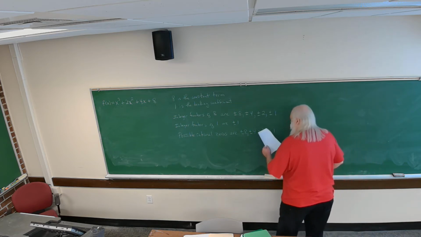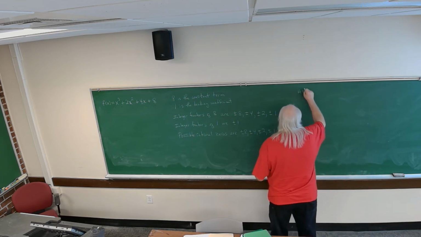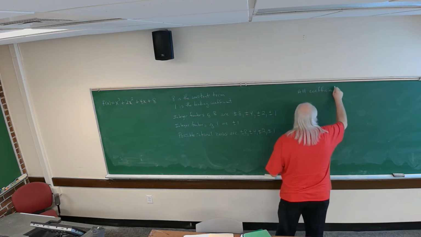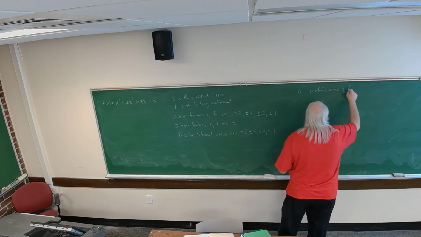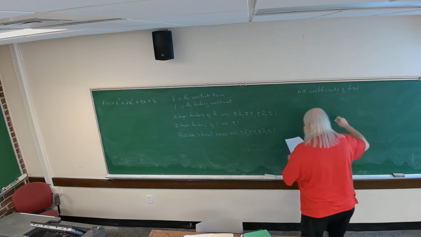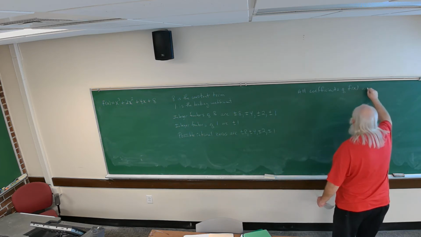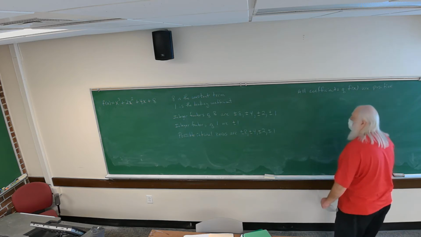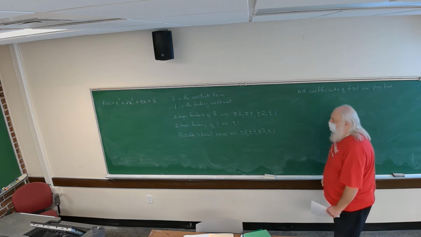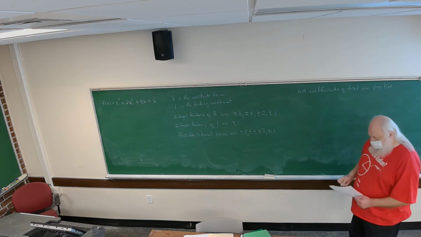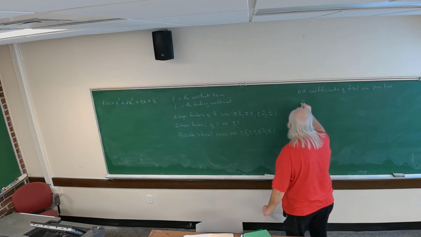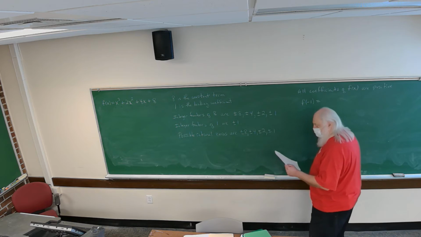Okay. So all coefficients of f of x are positive. So we're just going to look at the negative numbers in our possible rational zero set. I put -1 in for x in f of x.